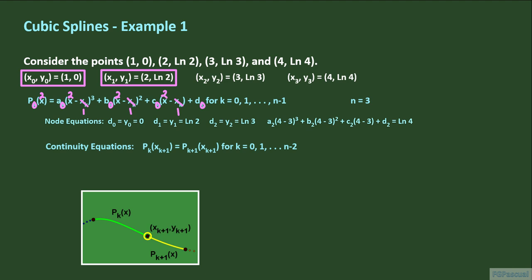And so we have the left side of the first continuity equation. The right side is p sub 1 of x sub 1, and p sub 1 of x sub 1 is y sub 1, and y sub 1 is d sub 1. And so we have the right side of the first continuity equation.